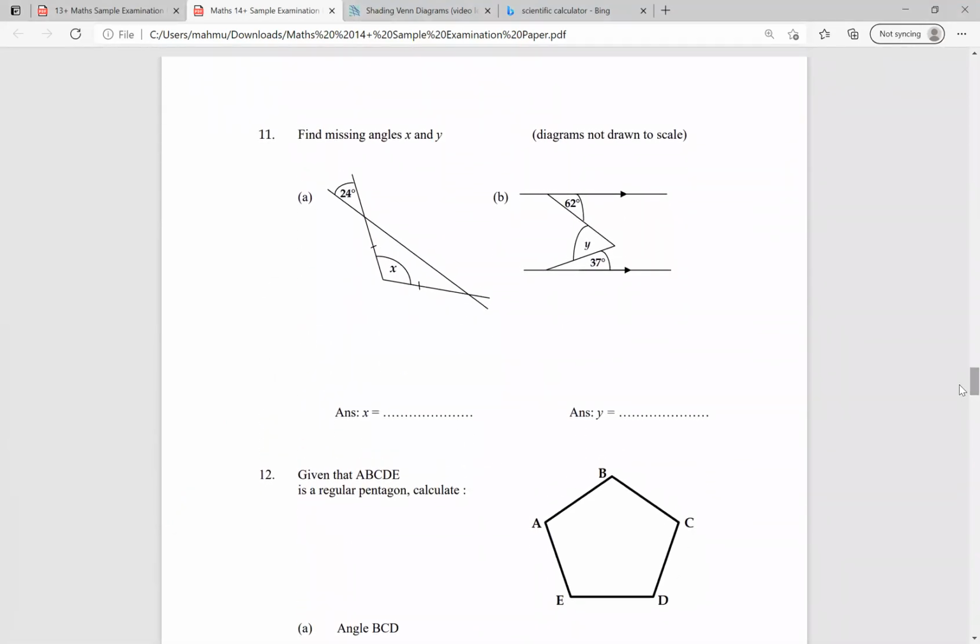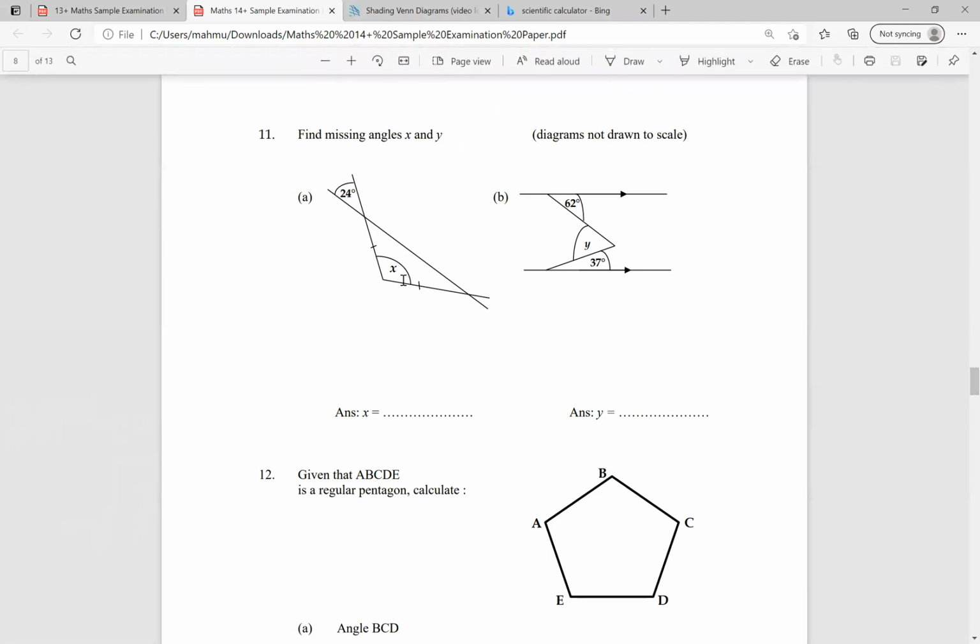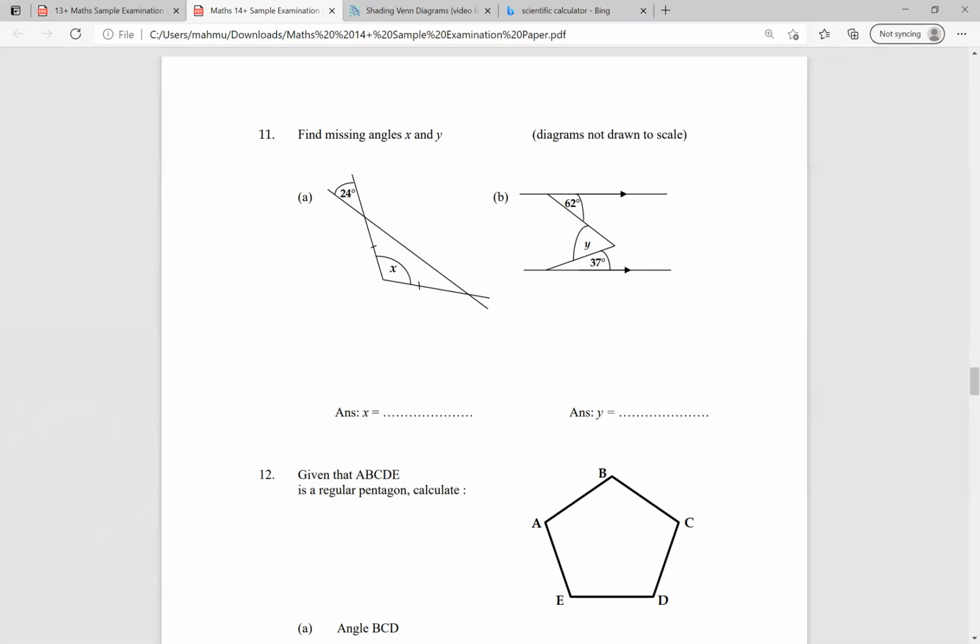Okay, find the missing angles, X and Y. So X is there, Y is there. Find them, please. You're doing B first. Okay.